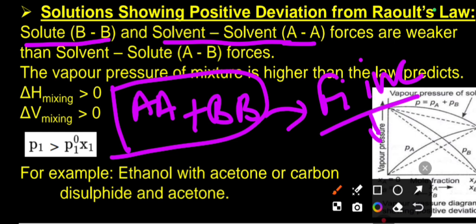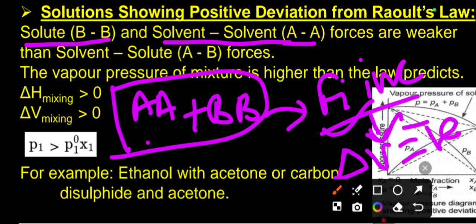If they make a strong bond, then it is difficult to evaporate. Is it clear what I said? If it is difficult to evaporate, volume will not increase. If volume will not increase, then the change in volume, del V, will become negative.